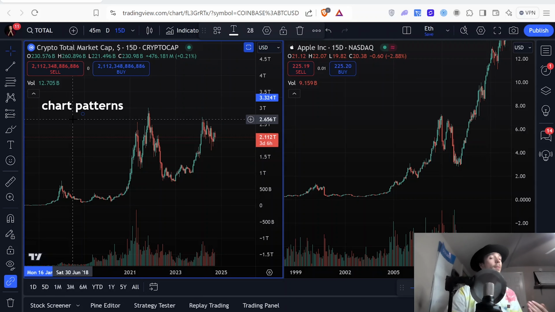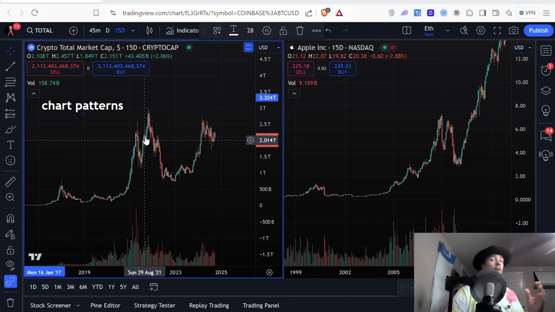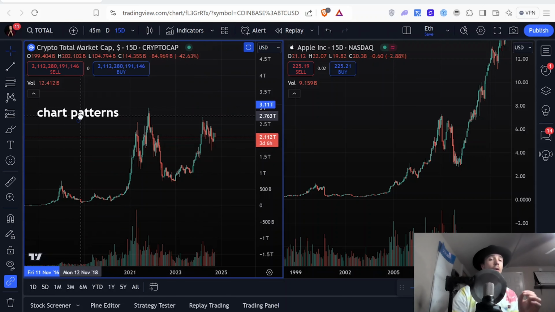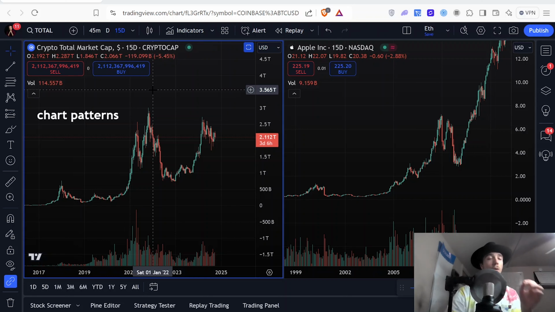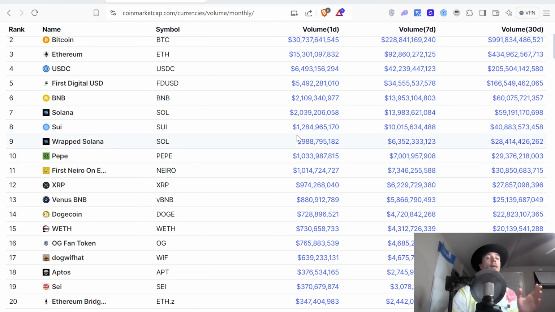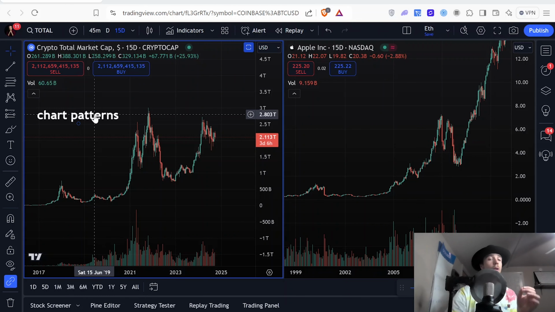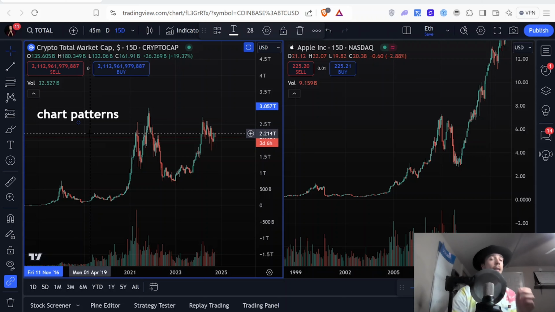This can be your Elliott waves, your triangles, your bull flags, your rounded bottoms, your cup and handles, all of those different chart patterns. That is so powerful. If you can find a good coin in terms of volume and go find some really good chart patterns on that coin, you can make a lot of money trading and investing in crypto.